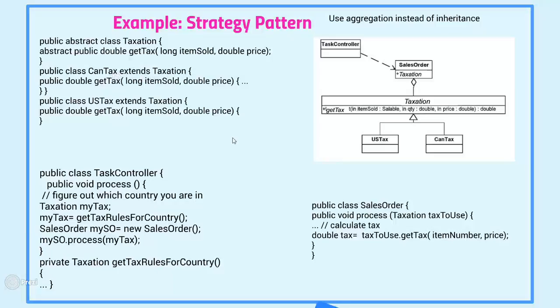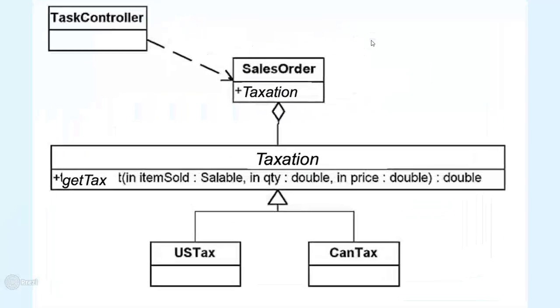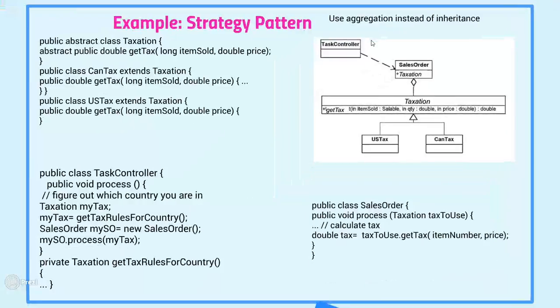But we have the sales order class here, so in the strategy pattern we try to use aggregation. Aggregation means we will use the object of one class in the other class to call the child classes.